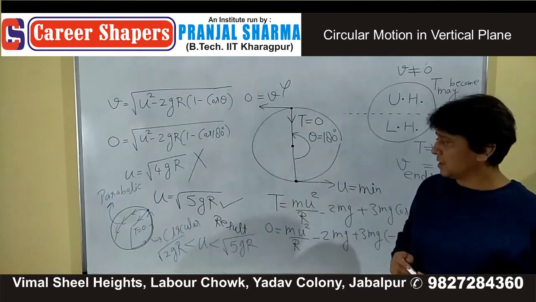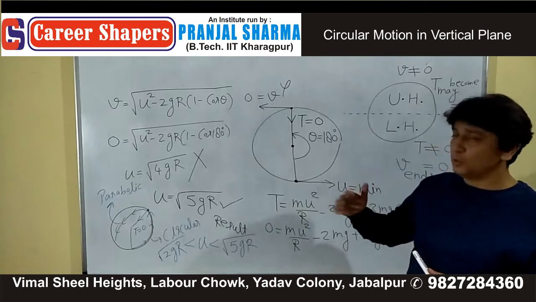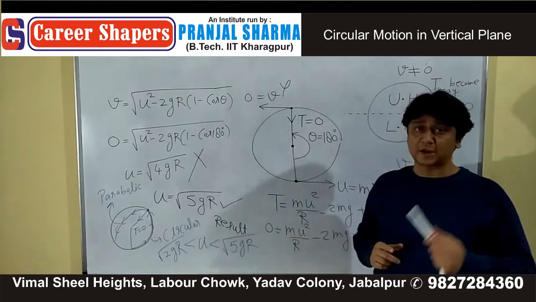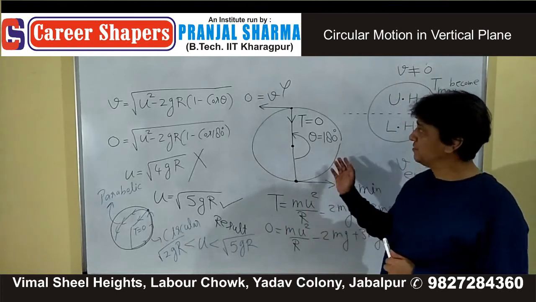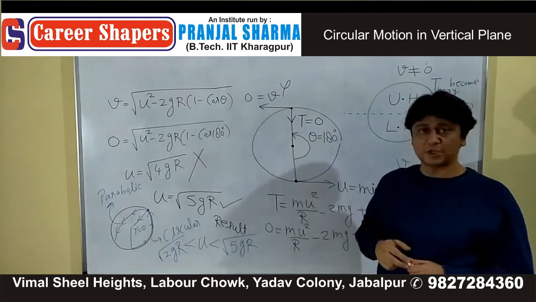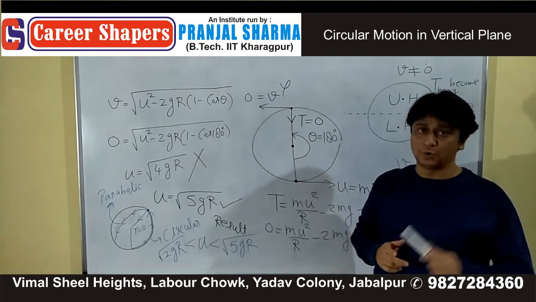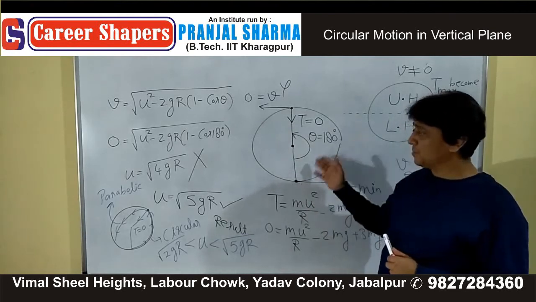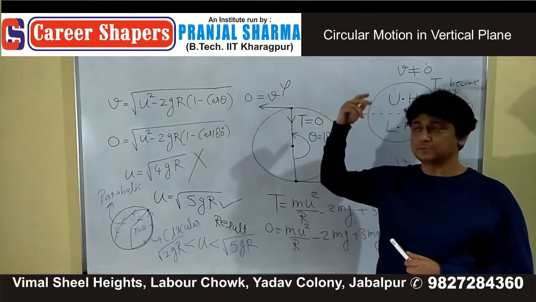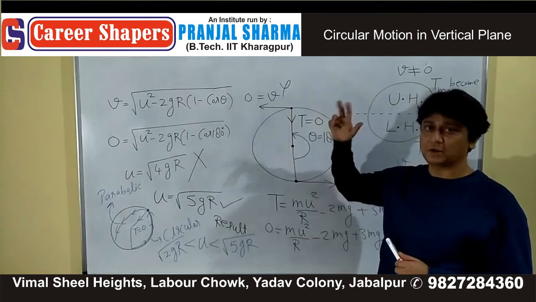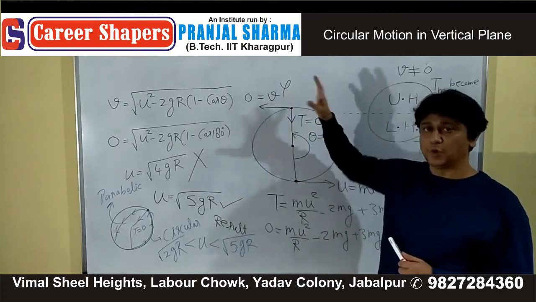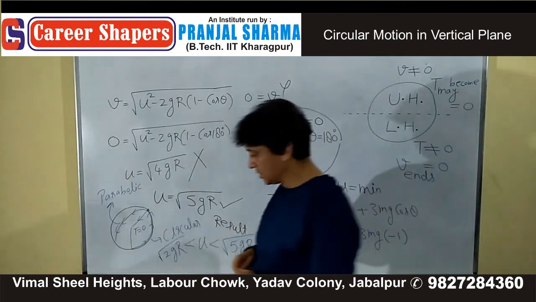Now remember an important thing. Mostly people remember this result in incorrect form. They think that whenever vertical circular motion takes place, velocity at the lowest point is root 5 gr. No. The minimum velocity to complete a half circle, or the full circle, is root 5 gr. Anything beyond, it will be able to complete the full circle.